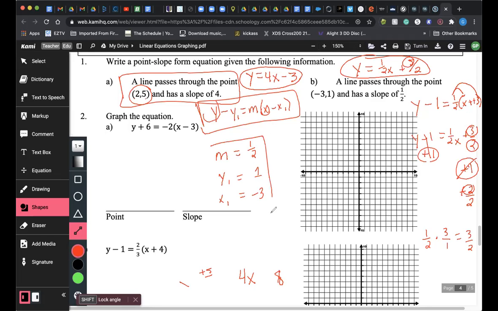Making sure you identify your items, your m, your y1, your x1, and then trying to plug them into the formula. Okay. I'm going to erase this. We're going to try number 2.